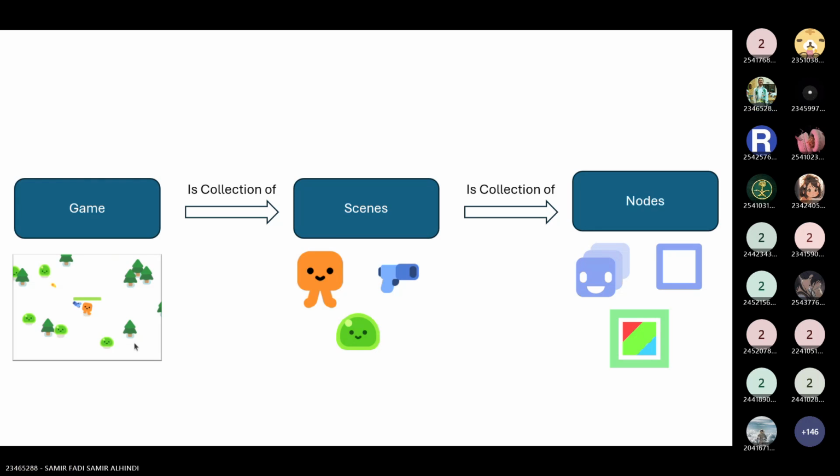So I want you to imagine that the game is like the human body, okay? The human body contains different sort of systems, right? We have the nervous system, the respiratory system, the urinary system, the skeletal system. The systems are like the scenes. They're kind of big, okay? And each of these systems is itself made up of body parts, right?